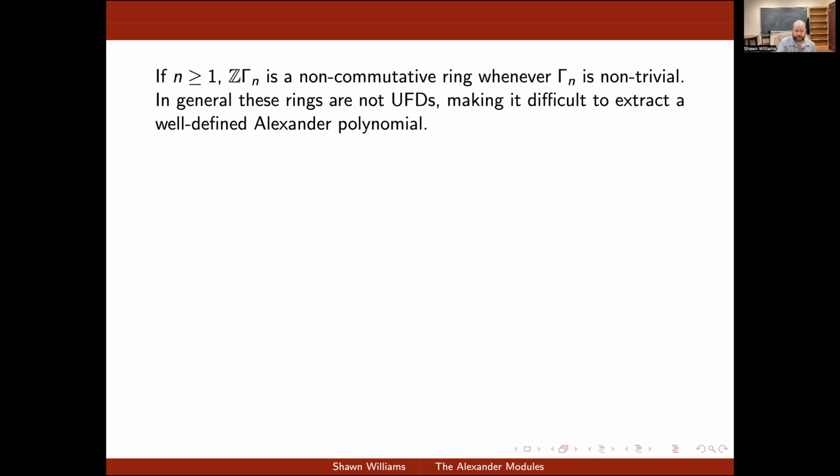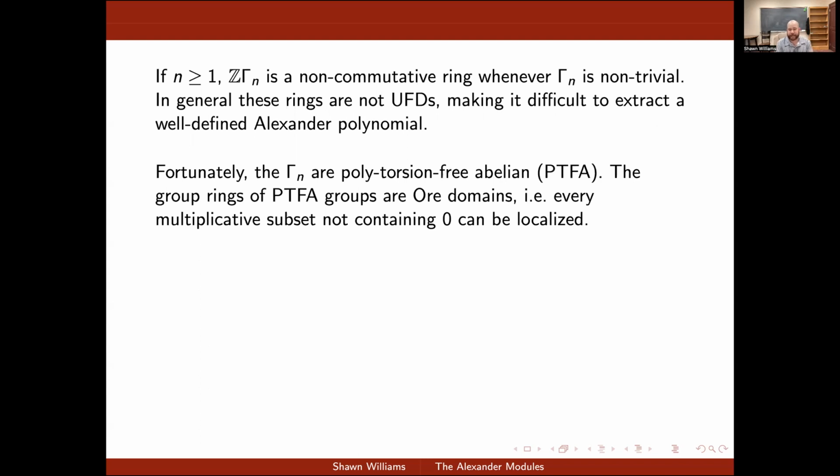Fortunately, our saving grace here is that these gamma n's are what we call polytorsion-free abelian groups, or PTFA for short. I'm not going to define what PTFA means. It's not too difficult to define, but it's also not particularly important. But a very important property of PTFA groups is that their group rings are what we call Ore domains.